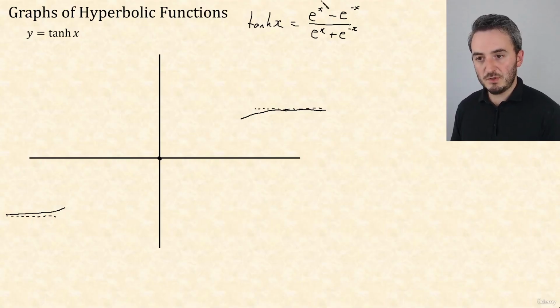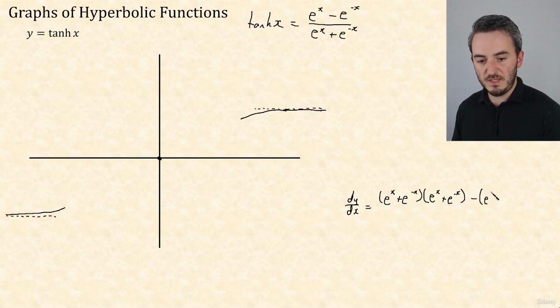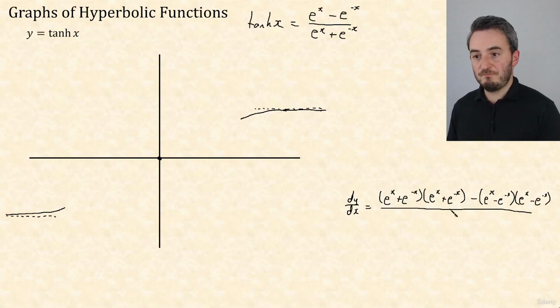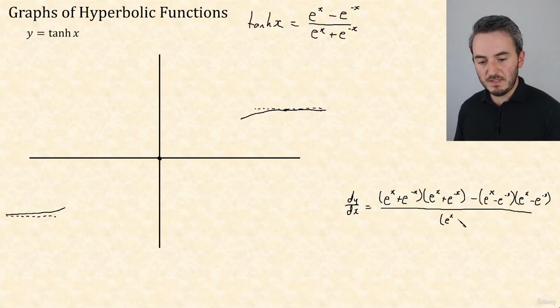So if this top one is the u and this one's the v, our derivative, dy by dx, is v u dash, which is e to the x plus e to the minus x, minus u v dash, which is e to the x minus e to the minus x, and v dash is the same, e to the x minus e to the minus x, all over e to the x plus e to the minus x squared.